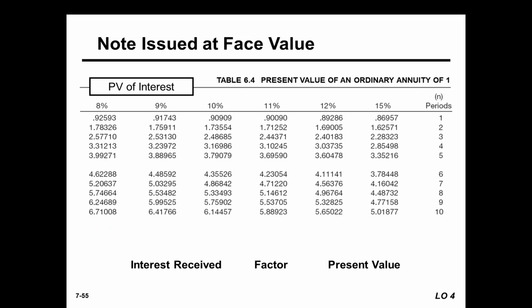So we need to consult the table of present value of an ordinary annuity of $1, at 10% for 3 years. We have here 2.48685, which equals 2,487 euros.